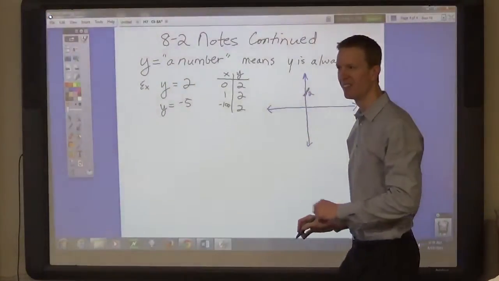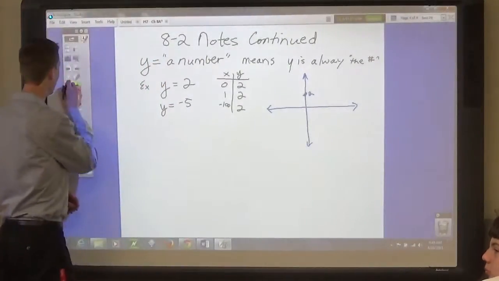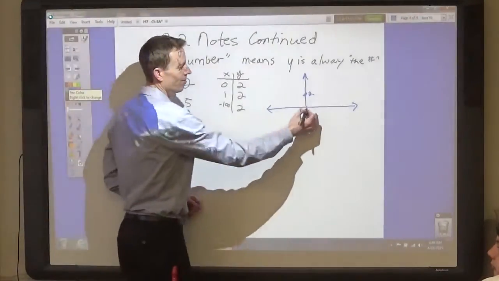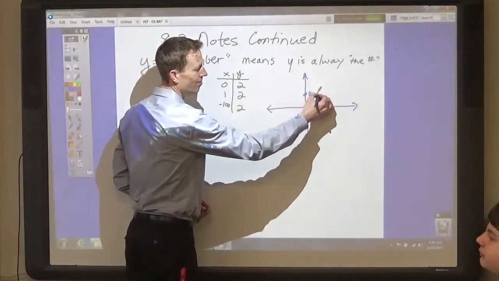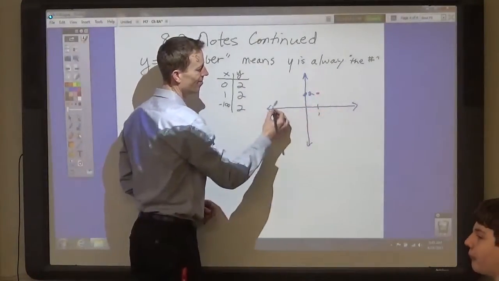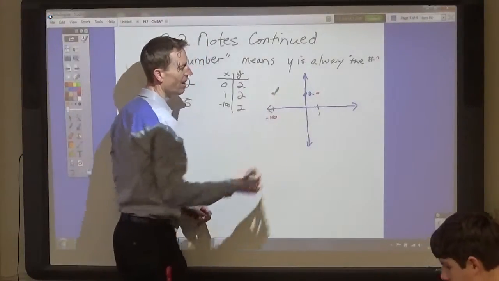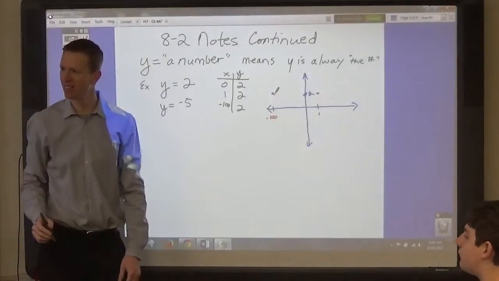Right? Troy? So for every y is 2, so that means that, like if it's on the y, you have to put a line across the y-axis. Yeah, so what does that line look like?